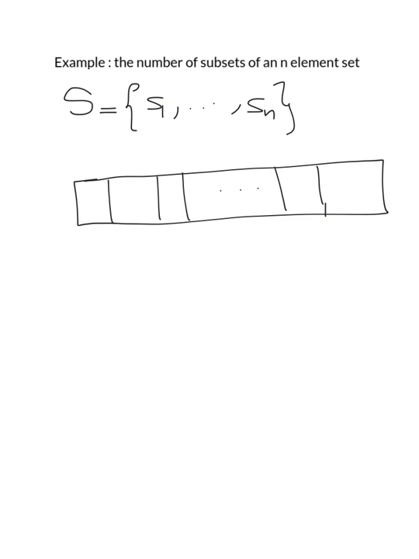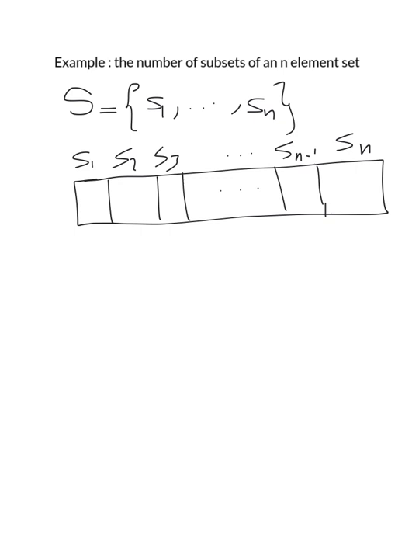Now I associate each one of the elements to one of these cells, and it's not important in which order, but I just say that this is the cell of S1, this is the cell of S2, this is the cell of S3, and here this is the cell of Sn, and this is the cell of Sn minus 1.